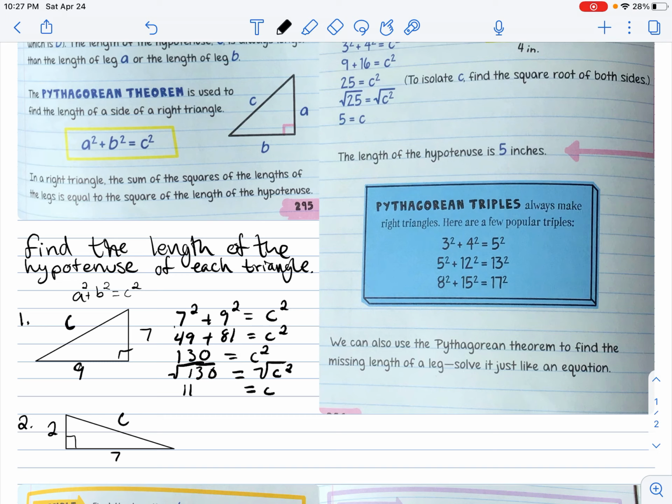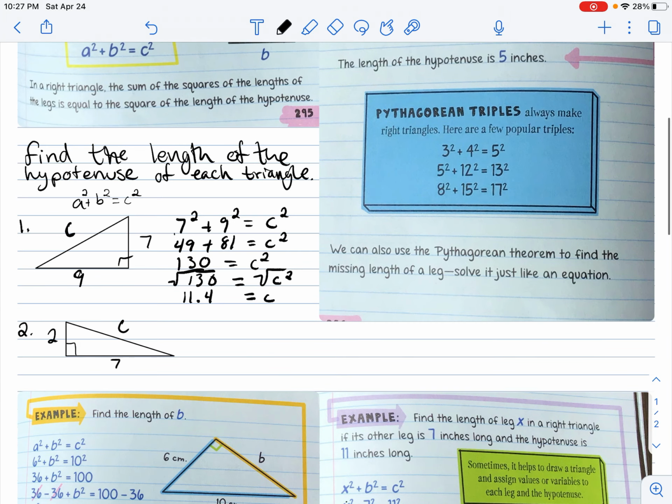In my case here, I'm just asking the students to go to the tenths place. So 11.4 equals C. Side C is 11.4 in whatever units this is measured in.